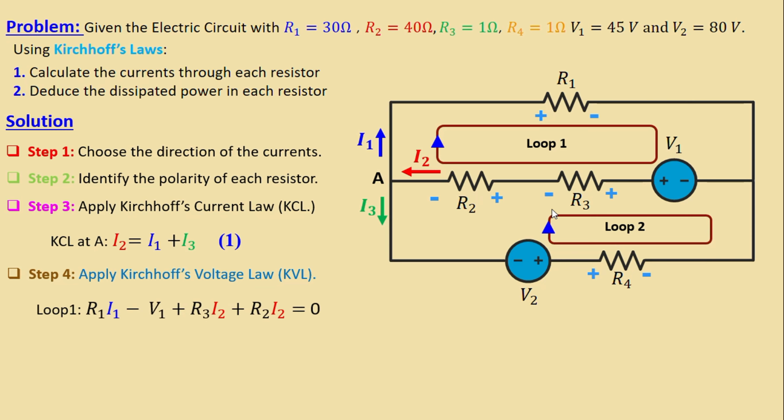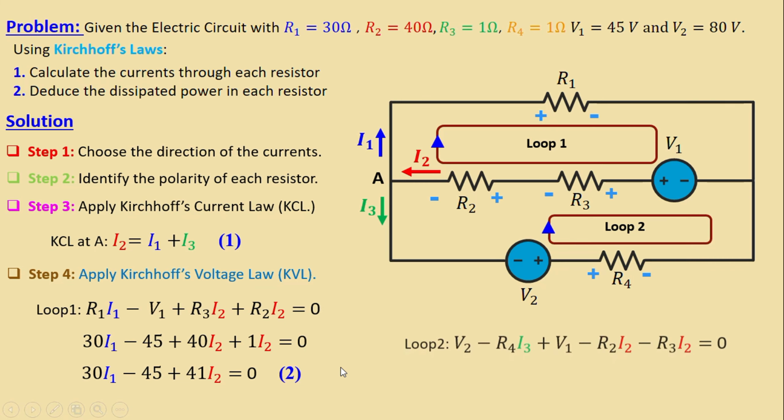In loop 1 we can write R1 I1 minus V1 plus R3 I2 plus R2 I2 is equal to 0. We obtain 30 I1 minus 45 plus 40 I2 plus I2. Finally, we obtain 30 I1 minus 45 plus 41 I2 is equal to 0.